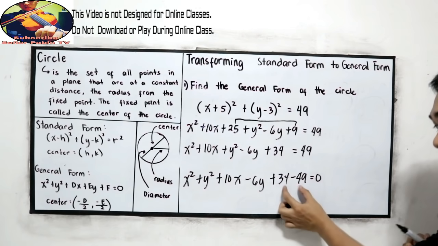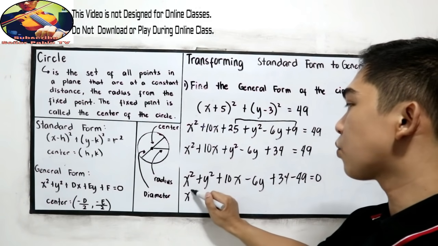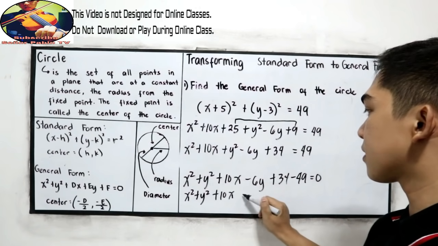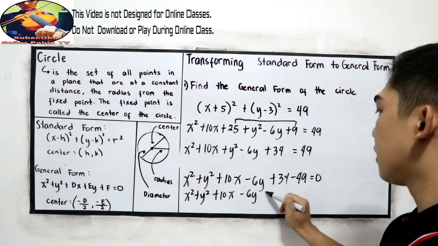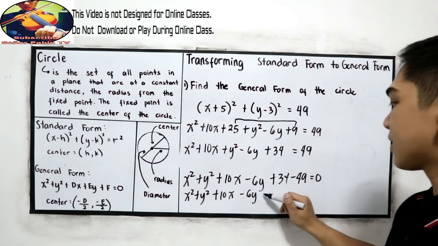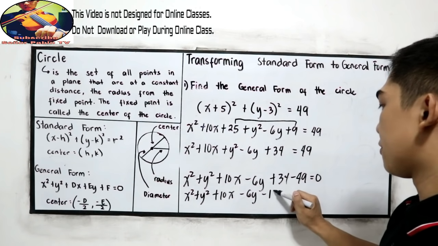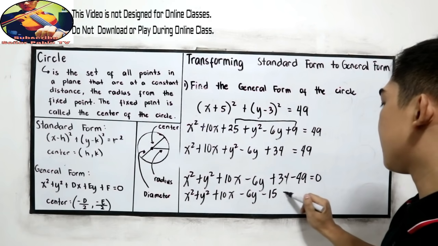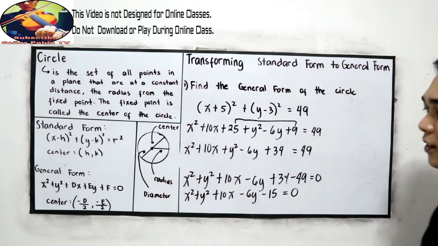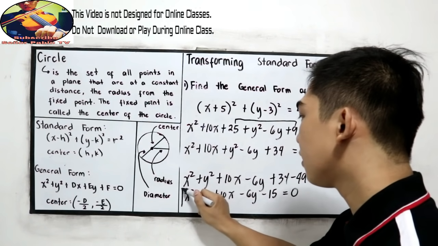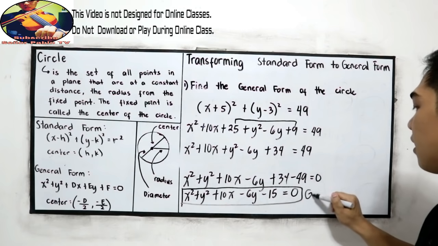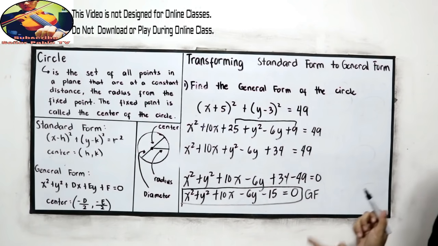Let us combine. So, x squared plus y squared plus 10x minus 6y. 34 minus 49, that is negative 15, is equal to 0. This will be the general form of the circle.